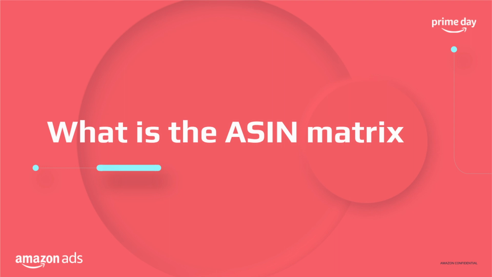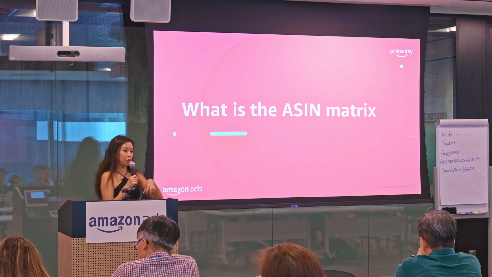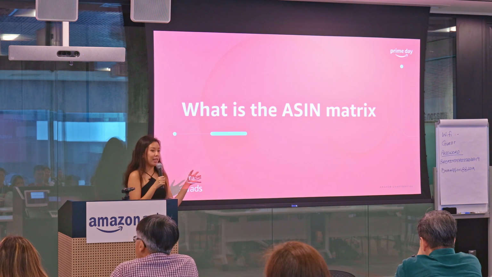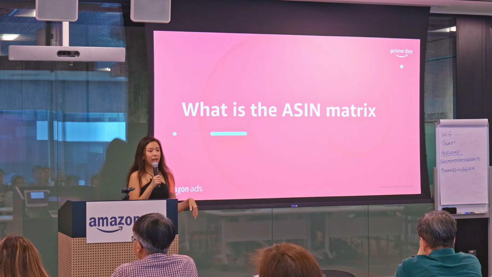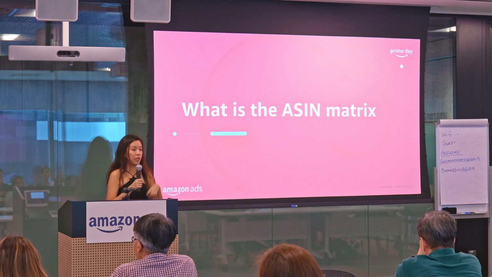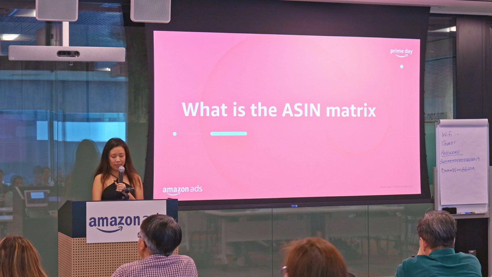It's a guide for you to segment your different products and then plug and play the different advertising strategies across the funnel. Jasmine actually introduced sponsored brands and sponsored display, so we'll teach you how to mix and match the advertising strategy according to the ASIN matrix.